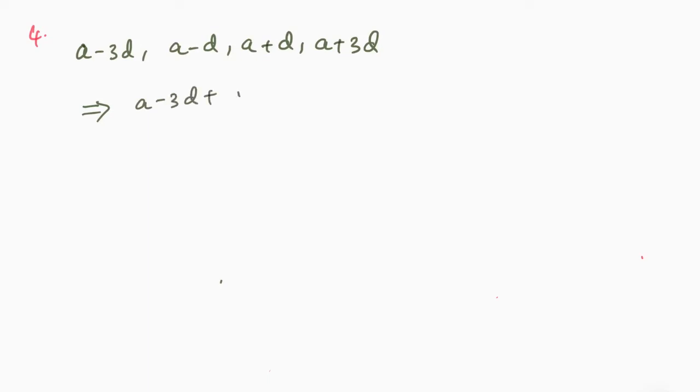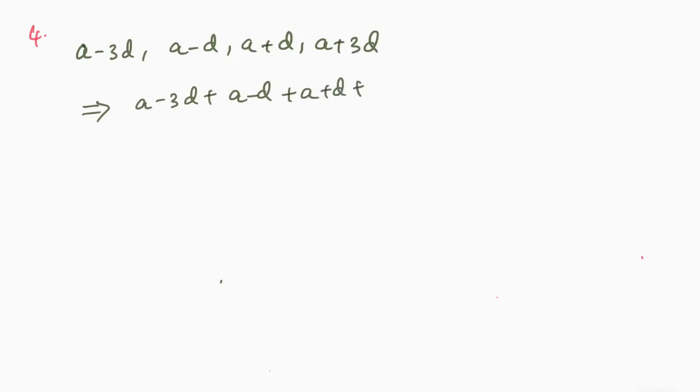So 96 into 4 parts. What is the condition we have for 4 parts? It's a minus 3d, a minus d, a plus d and a plus 3d. So you're dividing 96 into 4 parts, which means the sum of all these together is 96. So add them, you get 96, right?